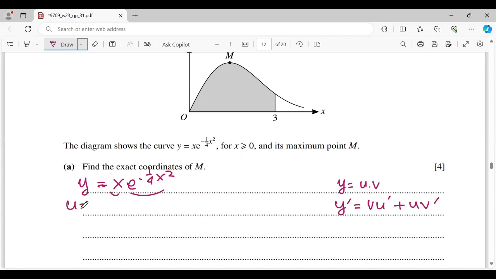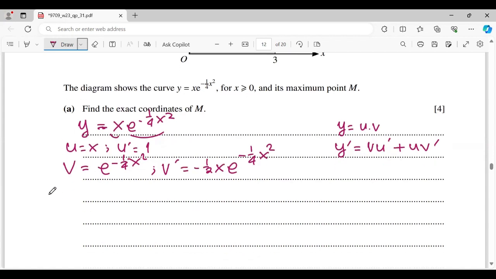So if u equals x, derivative u equals 1. If v equals e power minus quarter x squared, derivative v equals minus half x e power minus quarter x squared.